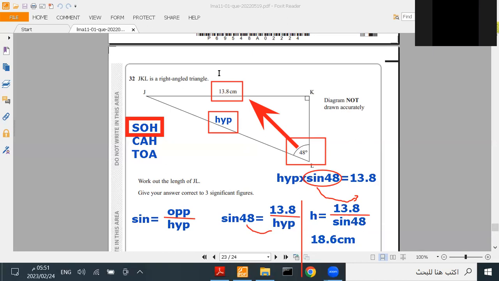Let's go over it again. What was the idea? This is a right angle triangle. They gave me the angle and the side opposite to the angle, and they need the height, which is the hypotenuse, the longest line in the triangle.